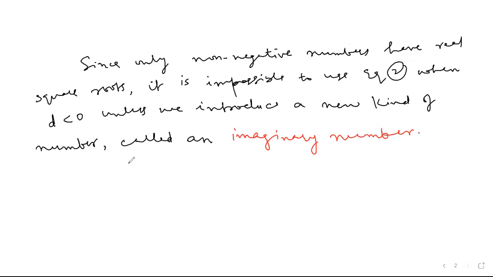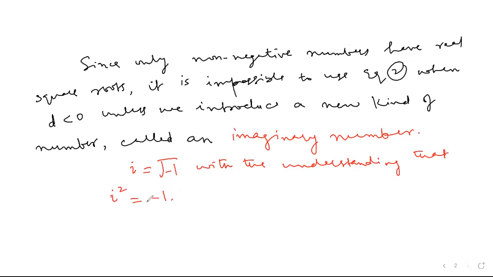Now we use the symbol iota equal to square root of -1, with the understanding that iota square is equal to -1, right?